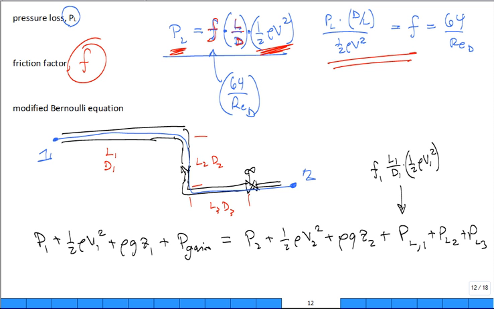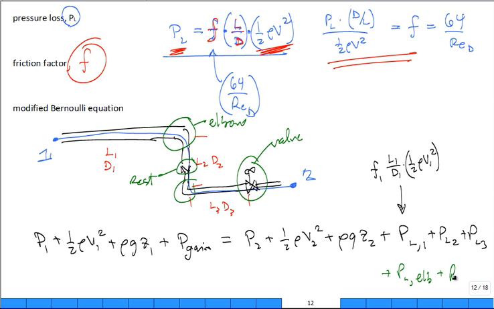Now, later we'll talk about adding minor loss coefficients due to elbows, due to restrictions, due to valves, and we'll just add terms. We'll have an additional pressure loss due to the elbow. We'll have a pressure loss term due to the valve. We'll have a pressure loss term due to restriction.